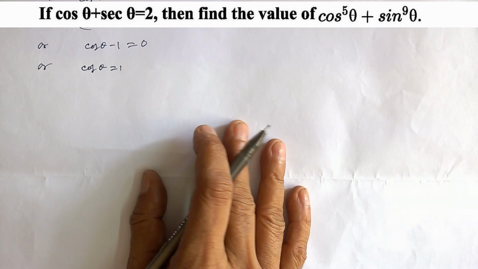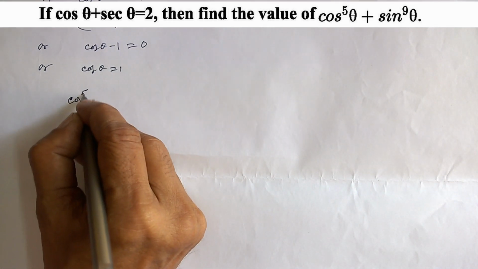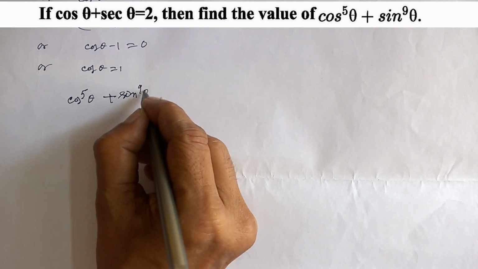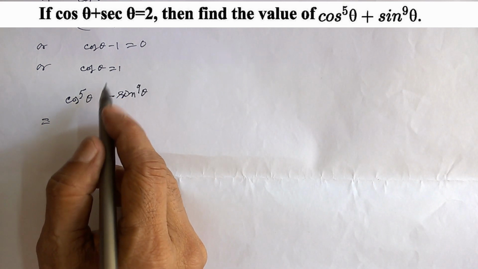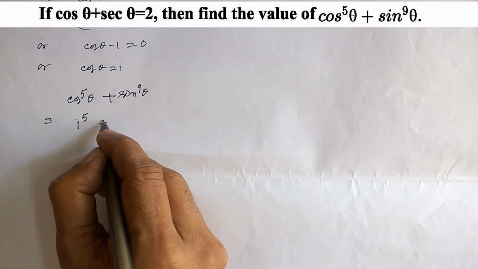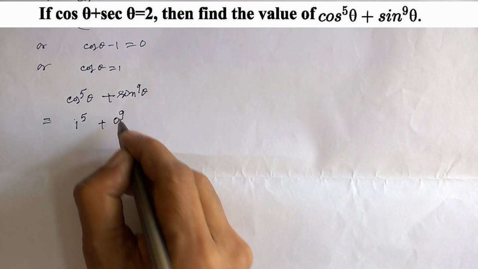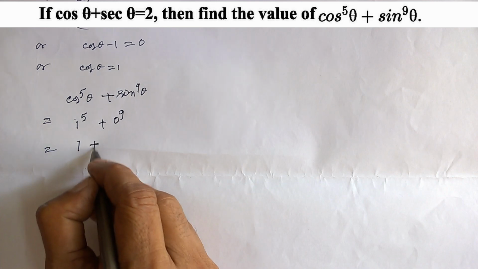Now it is easy to find the value of cos to the power 5 theta plus sin to the power 9 theta. Put the values: cos theta is equal to 1, so 1 to the power 5, plus sin theta is equal to 0, so 0 to the power 9. So 1 to the power 5 is equal to 1, plus 0 to the power 9 is equal to 0.